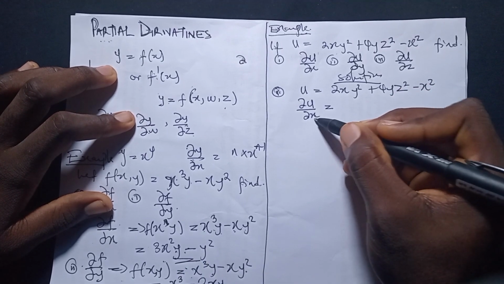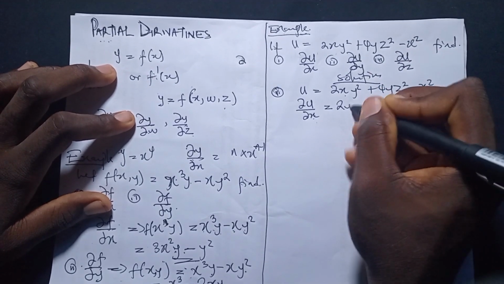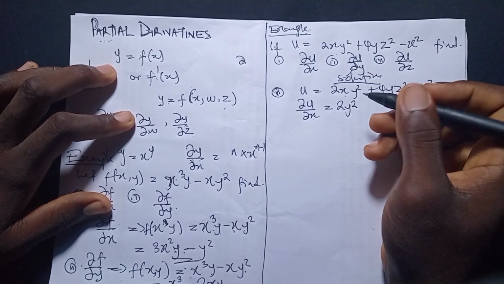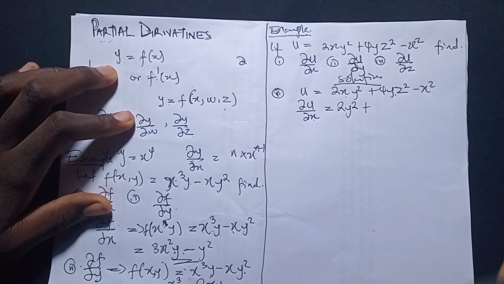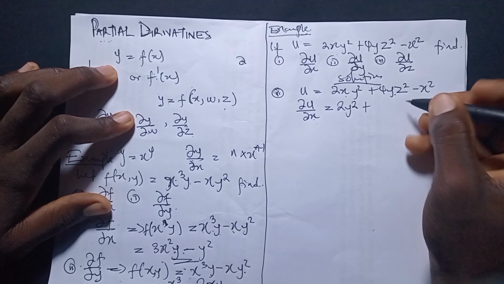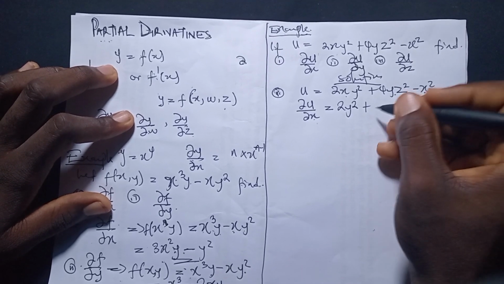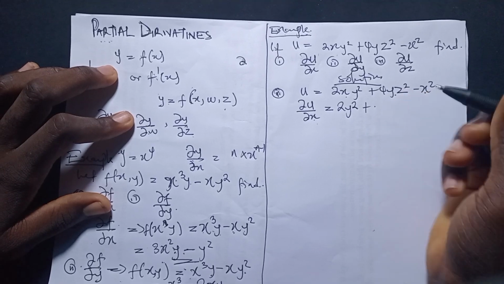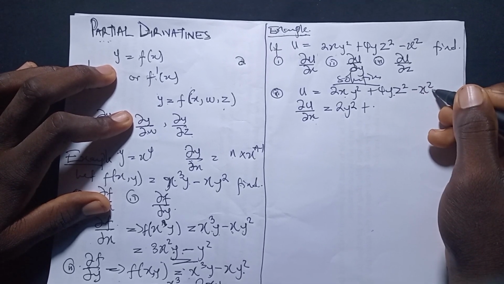So if you differentiate x here, we have only a 1. So we have 2y squared. Plus, is there x here? There is no x here, so we'll just assume everything here is 0.